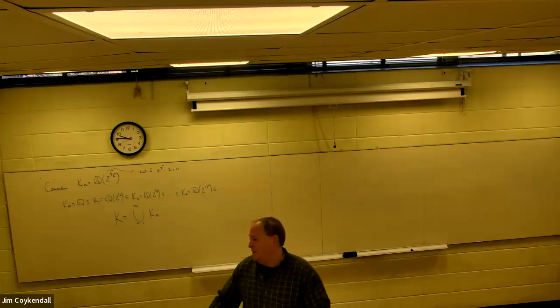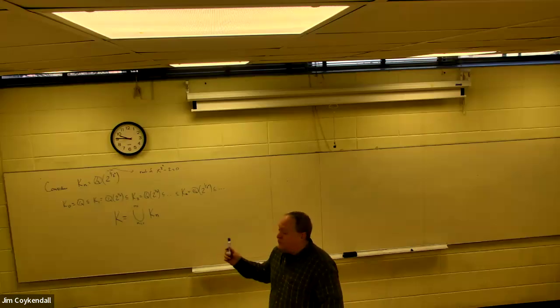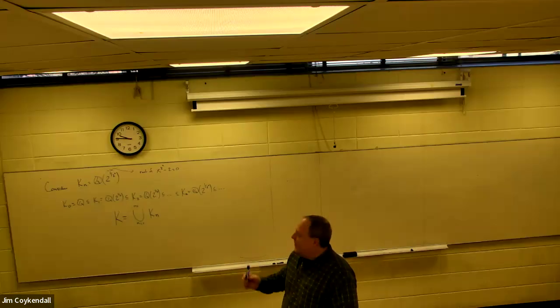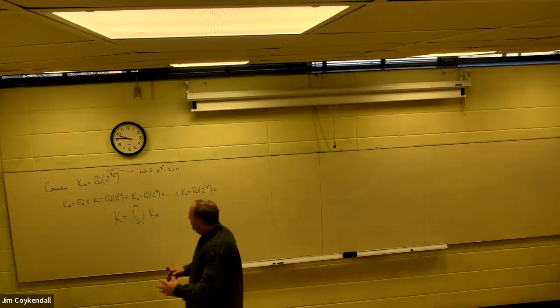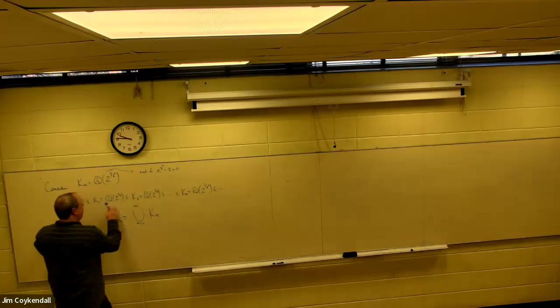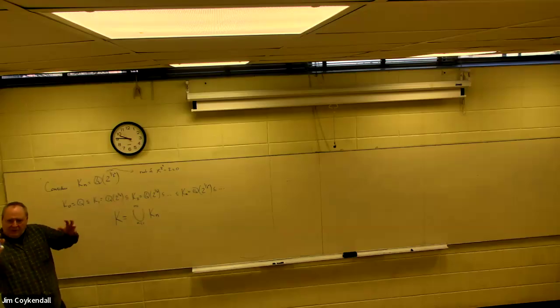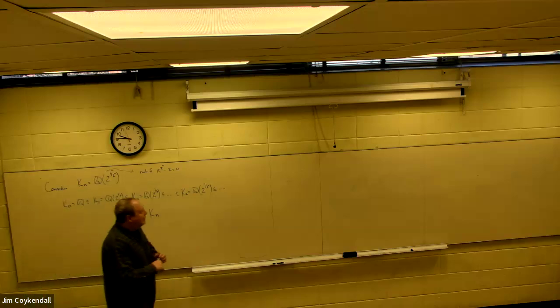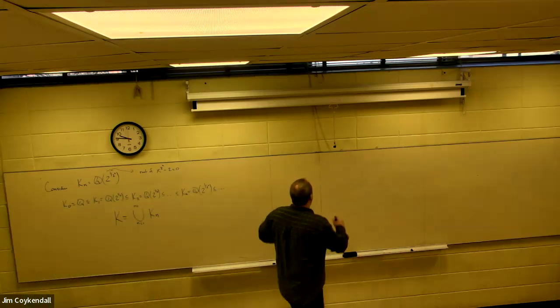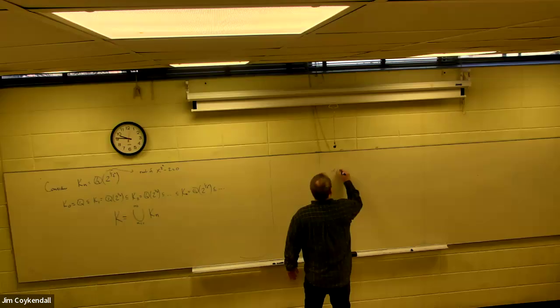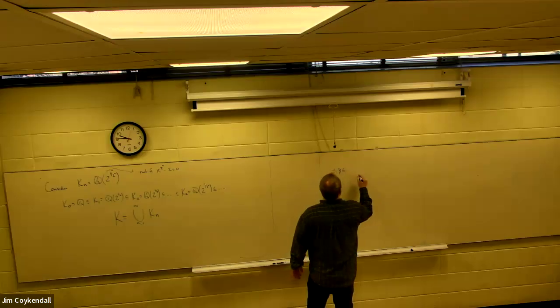In general, you don't expect that to be closed under addition. But this is a nested union, right? That is, this is a nice union in the sense that it's just getting them bigger a little bit at a time. You're not adding things from left field. It's kind of growing as you union it. And that's what's actually going to save our butts, right? So let's let alpha and beta be in K.